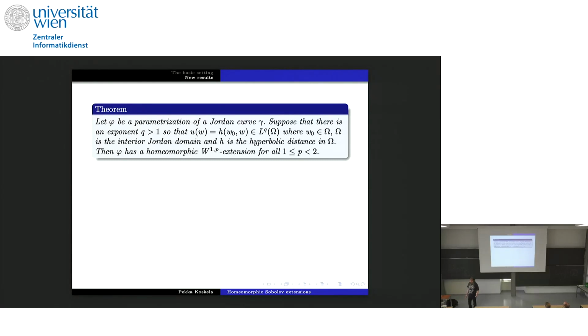Actually, there's even an extension that is in all W^{1,p}'s. Okay. So the parametrization plays no role. What plays a role is the curve. So this is now a kind of condition I was looking for here. So I have a geometric criterion that allows me to extend any parametrization.